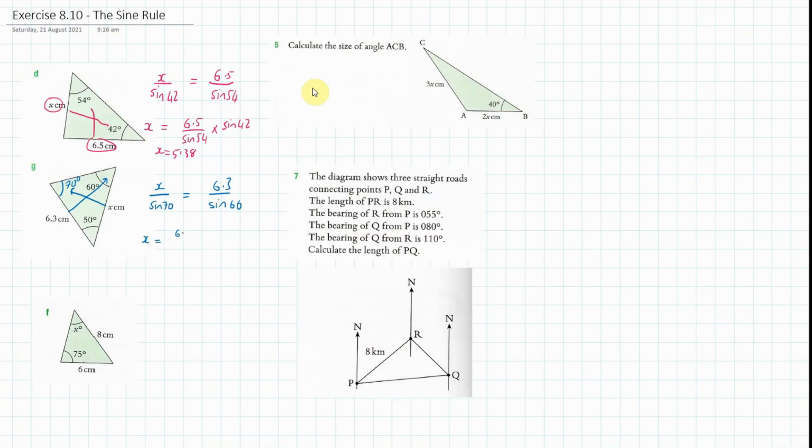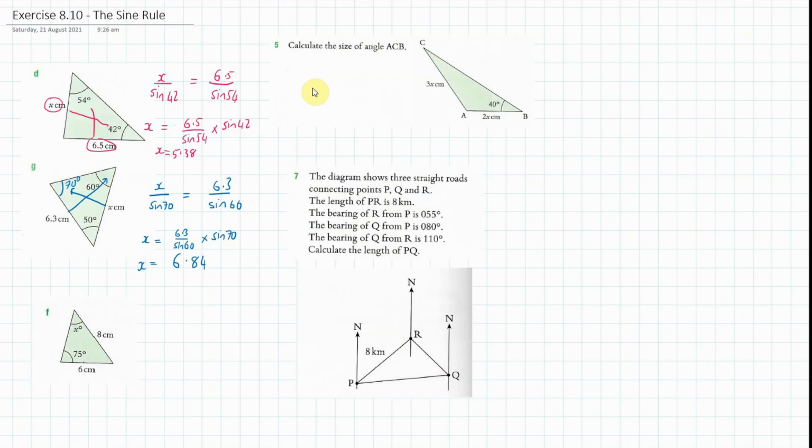So I'm going to have 6.3 over sine 60. I'm going to multiply that by sine 70, and I'm going to get x is equal to sine 60 times sine 70. Alright, okay, so I'm going to get 6.84 for this one. 6.84.